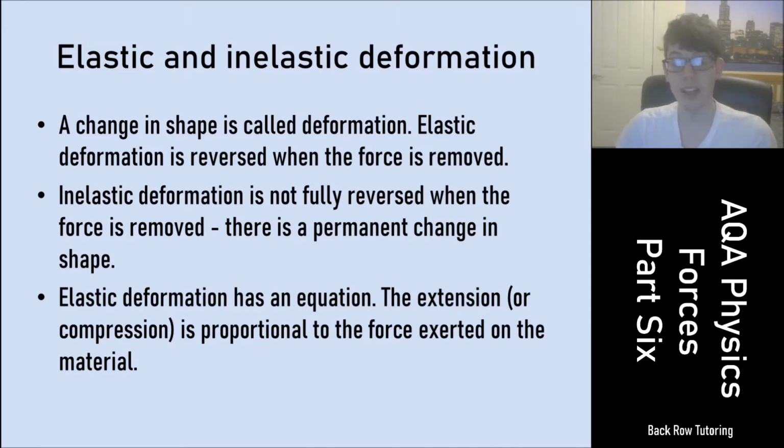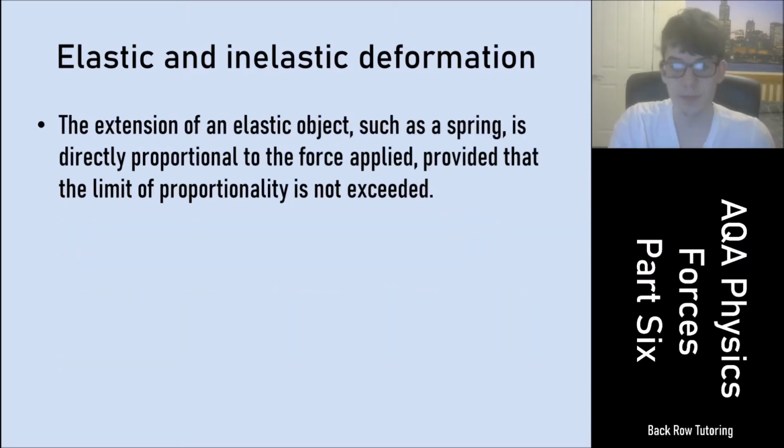Elastic deformation has an equation. The extension, or compression, is proportional to the force exerted on the material. The extension of an elastic object, such as a spring, is directly proportional to the force applied, provided that the limit of proportionality is not exceeded.